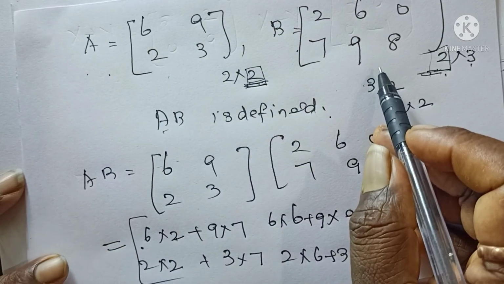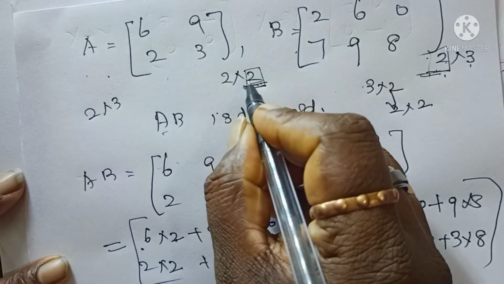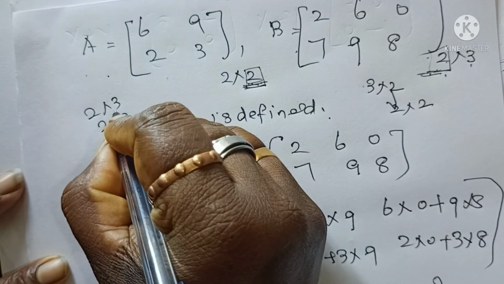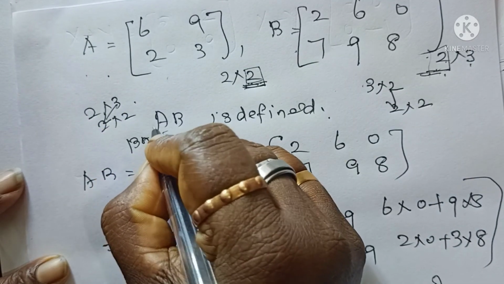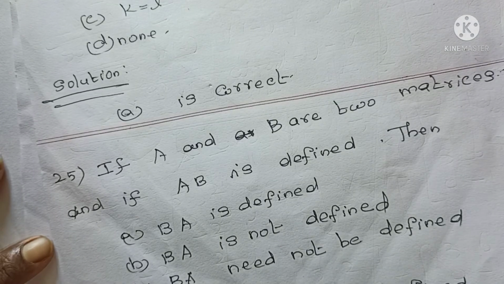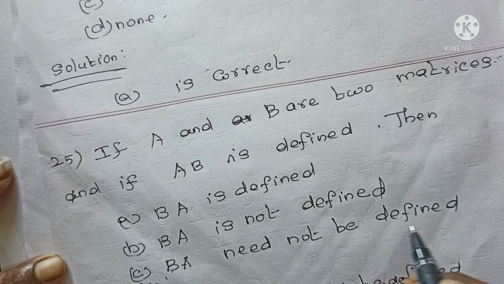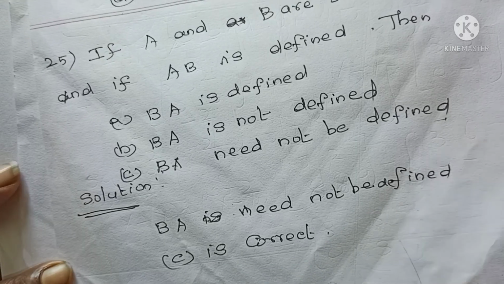BA means B is a 2 by 3 matrix, correct? A is a 2 by 2 matrix. This 3 is not equal to 2. So this BA is not defined. So we cannot say that for some problems BA is defined and for some it is not defined. So we can say the answer is BA need not be defined. So option C is correct.